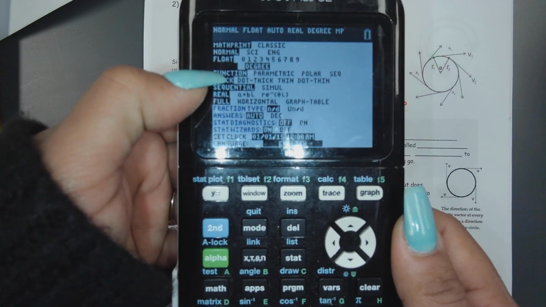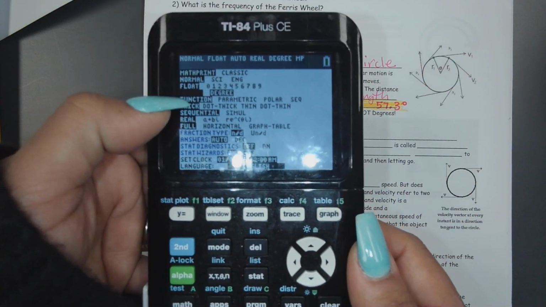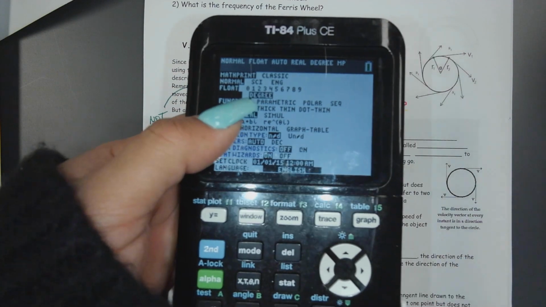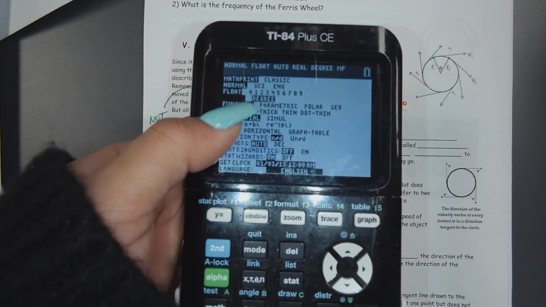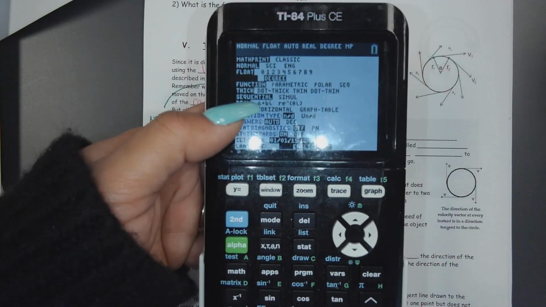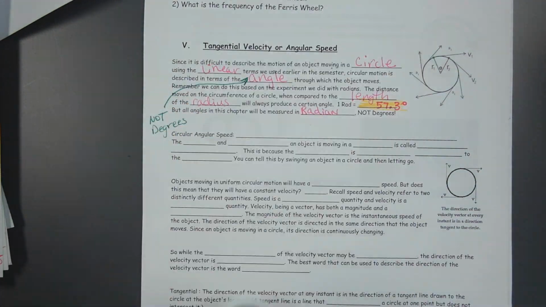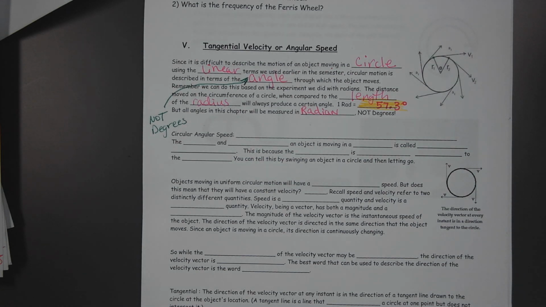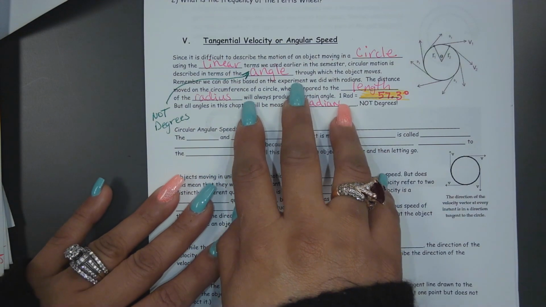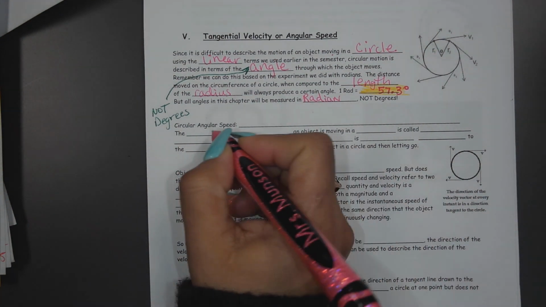Blue, what is this one that's flashing? Radian. There you go. Because degrees and radians are the same thing. That's like me doing my calculations with coins or dollar bills. Okay? So I need to come over here to radians, hit enter, and then clear so that way I can do my math. So radians is what we want to be in because that's how we talk about our circles when we're looking at the theta.